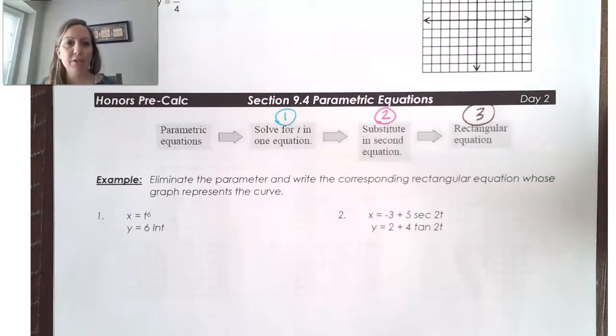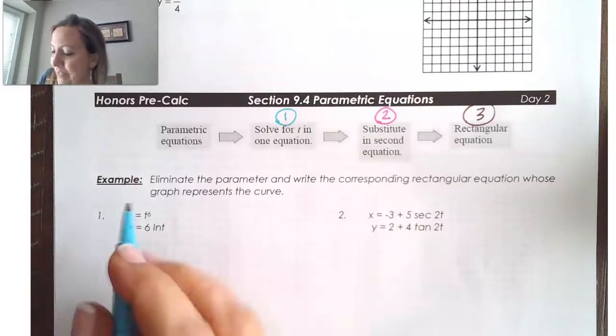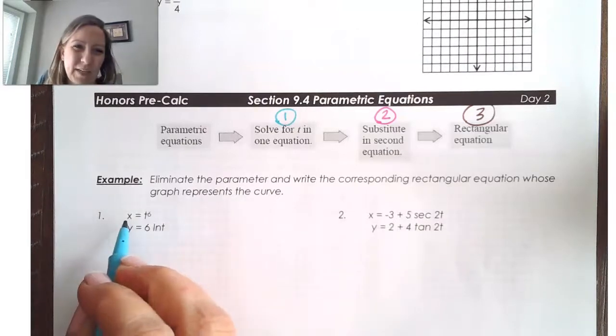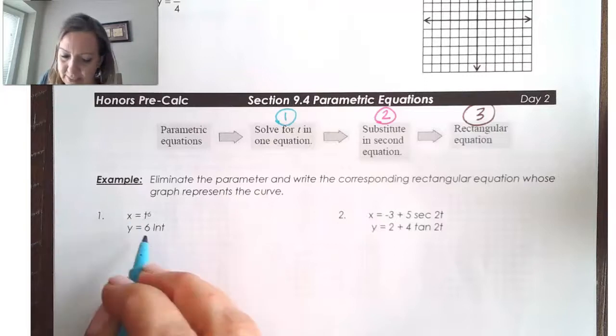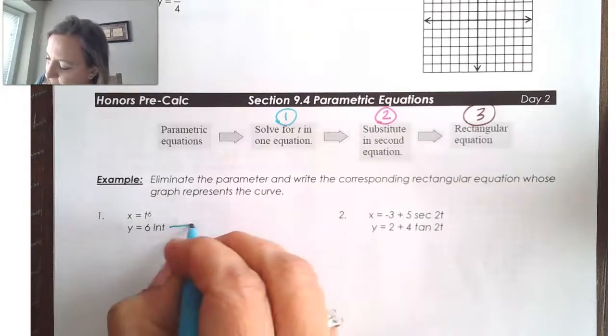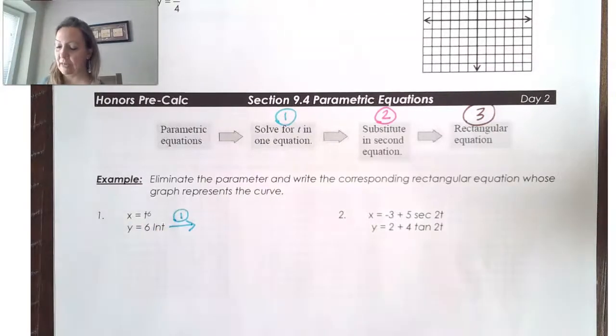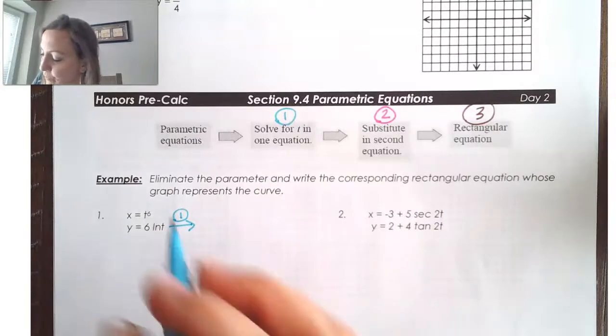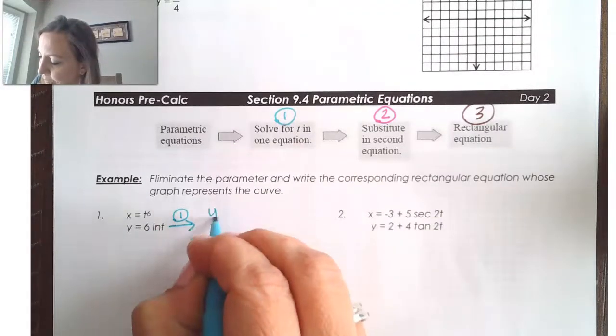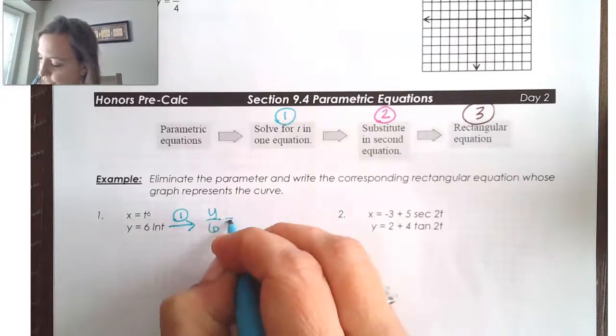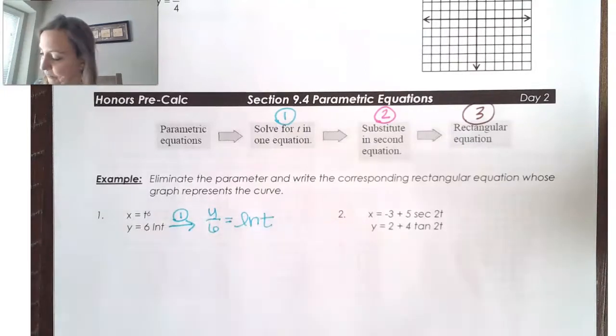again, when we isolate t, we want to try to avoid any time that there's a plus or minus. So in example one, I would need to take the sixth root of x, which would have a plus or minus. So I'm going to isolate t here in the y equation. So y over 6 equals the natural log of t.